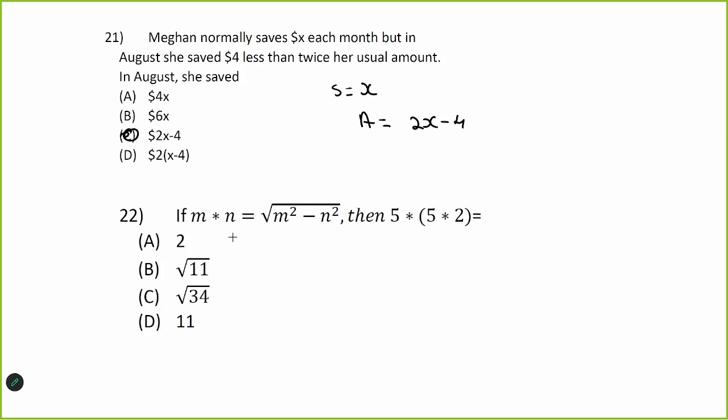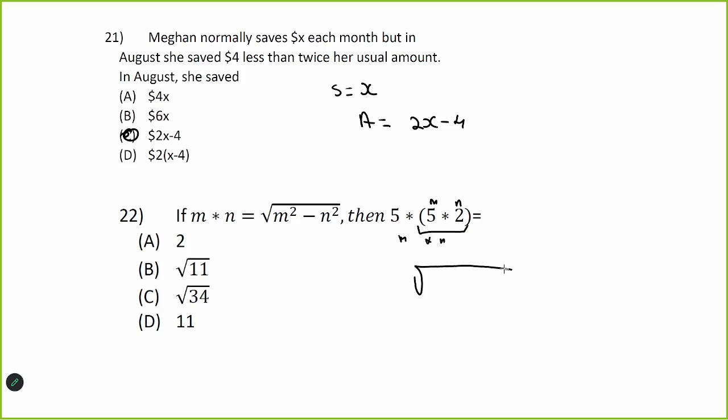This one here, they gave you m asterisk n is the square root of m squared minus n squared, which means the first number is m, second number is n, and then when you solve it, this is m and this entire thing would be n. So we need to always do our brackets first, right?